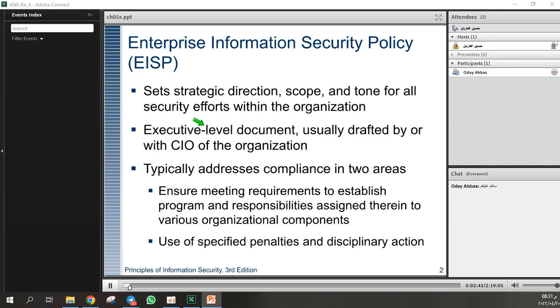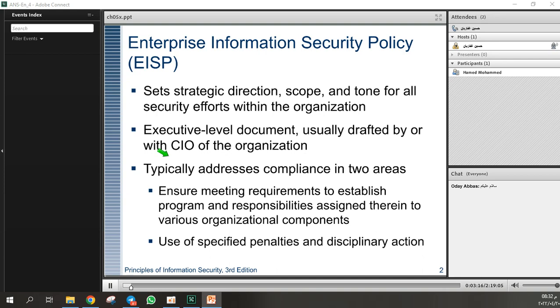How can I apply this policy in my organization, in my enterprise? How? It's very important. These executive level documents should be drafted by the CIO of the organization, the top level in the organization. Okay.